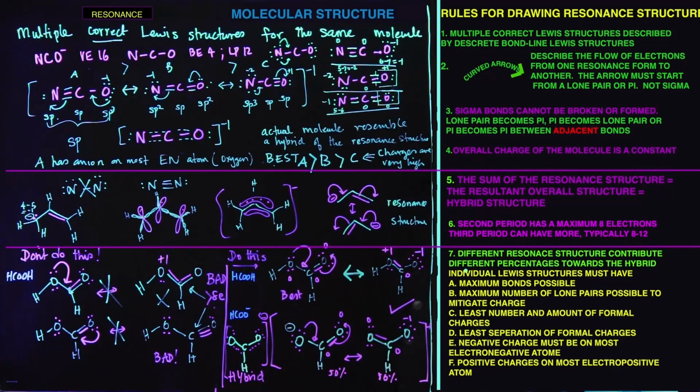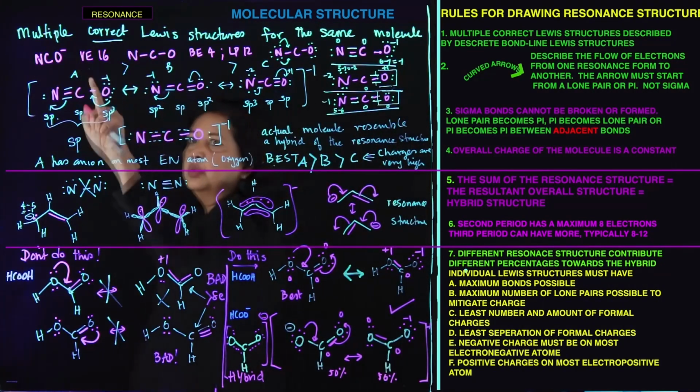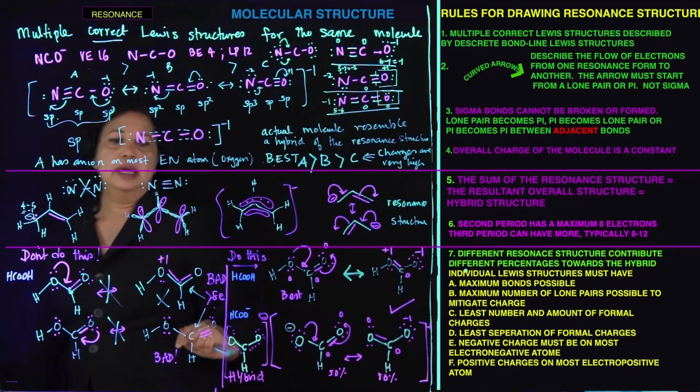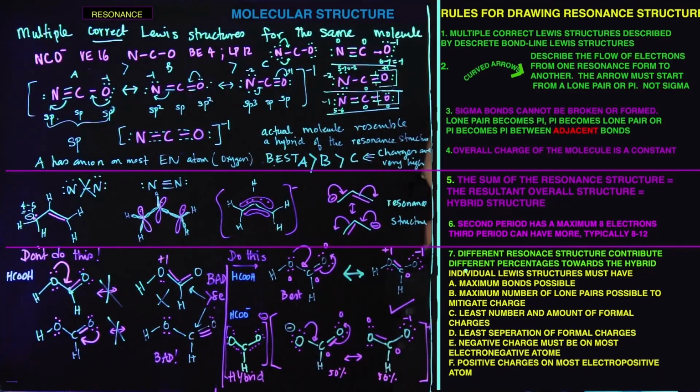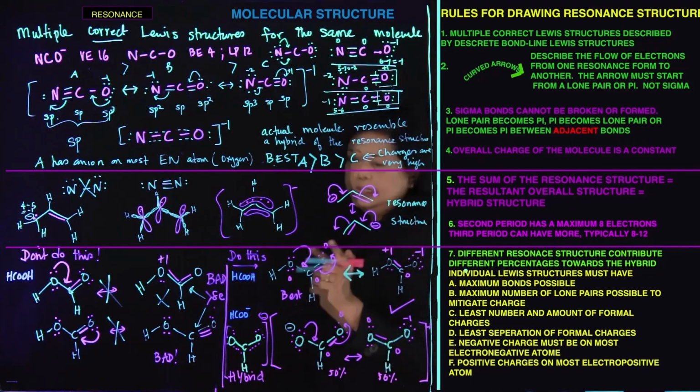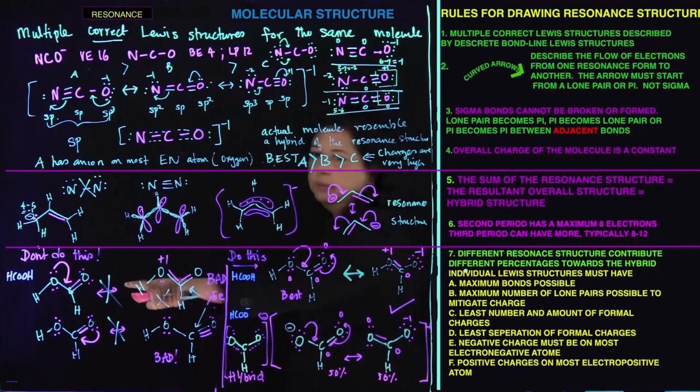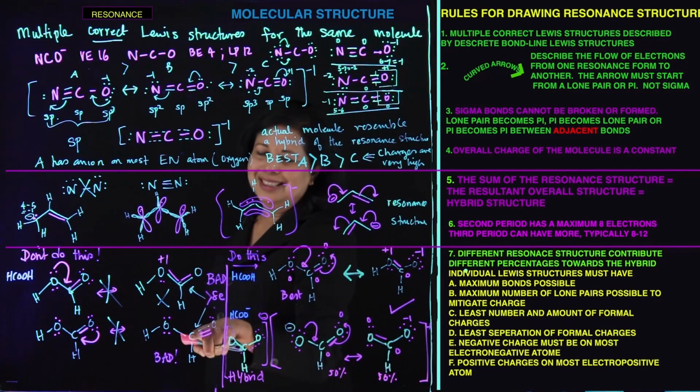So one of the things that are really important for you to bear in mind, you cannot break sigma bonds. Overall charge is a constant. If you start with a -1, every single structure is a -1. And another one is the second period elements, maximum 8. You cannot exceed 8. You cannot make bad structures like this.